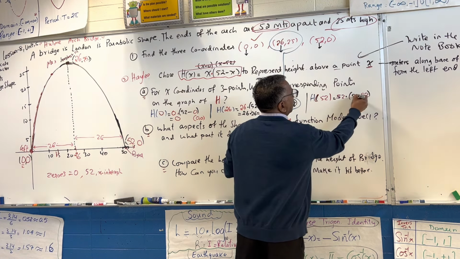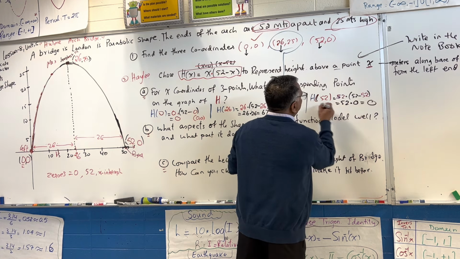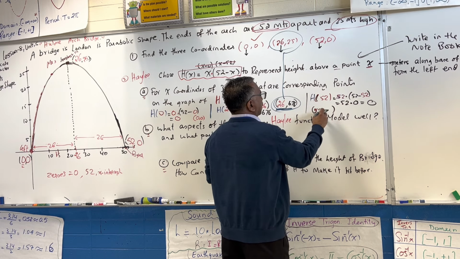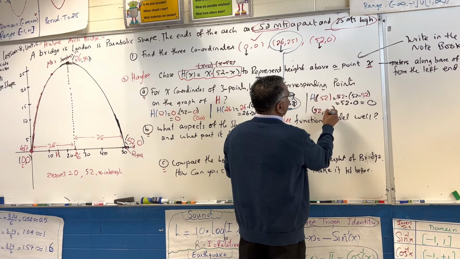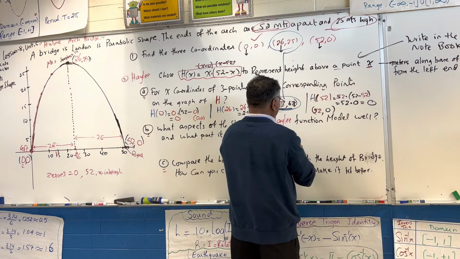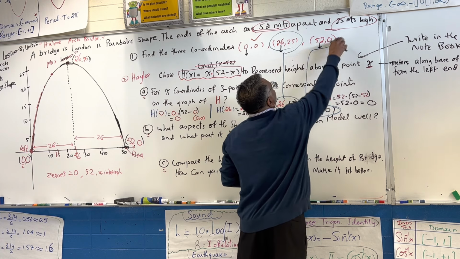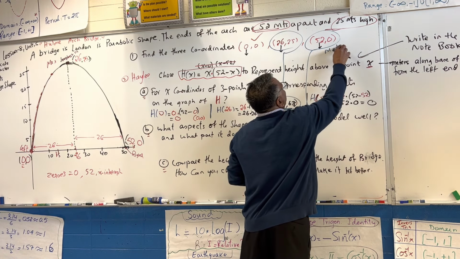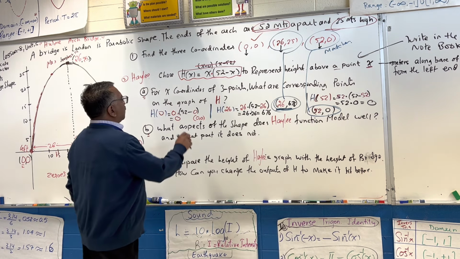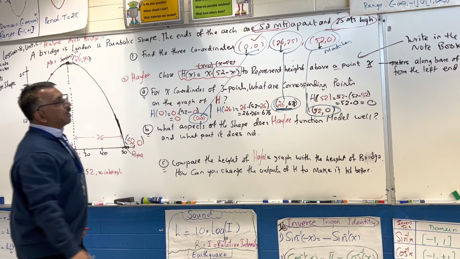This is 0, so the answer is 0, so that means the point is 52 and 0. And that's exactly the same, look at this. So this point seems to be okay. So this point matches. Okay? And this point also matches. But the middle one, no.